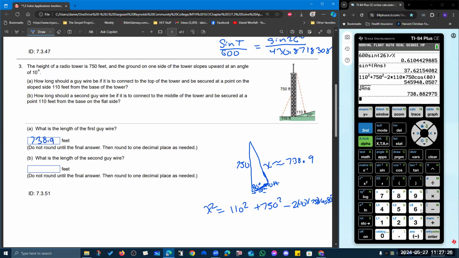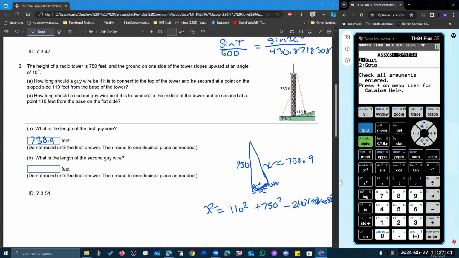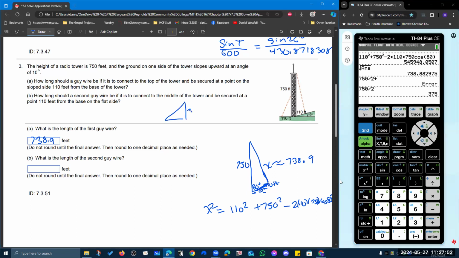We would assume this one needs to be longer than the one that's only going up halfway up the tower. So half of 750 is 375. And this distance is going to be 110. Now I want to find that distance that I'll call y. We know for sure that this is a right triangle because it's on flat ground here.